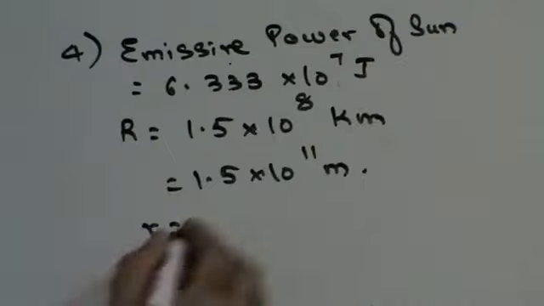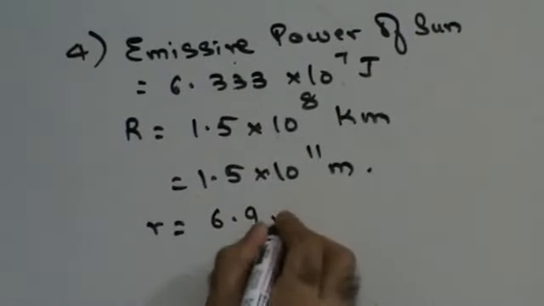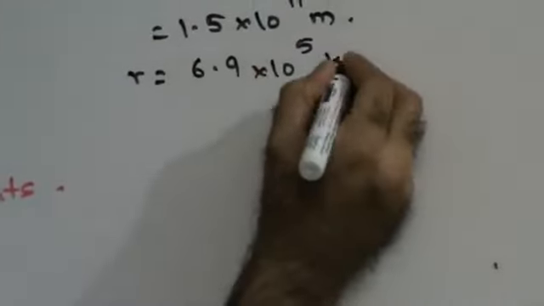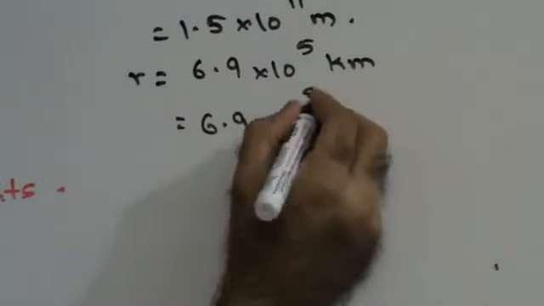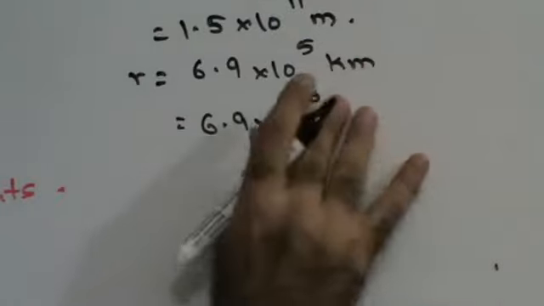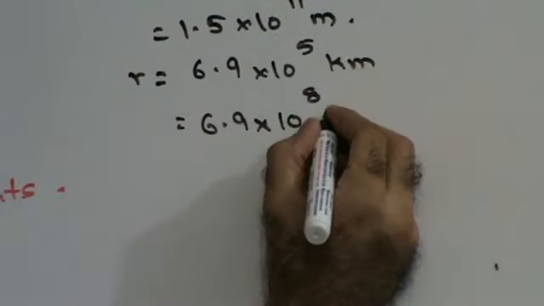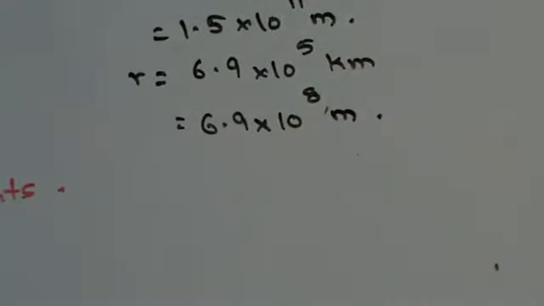And the radius of the sun is 6.9 into 10 raised to 5 kilometers. Calculate the solar constant.